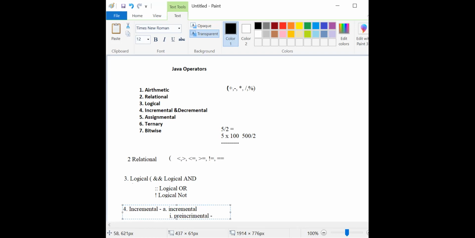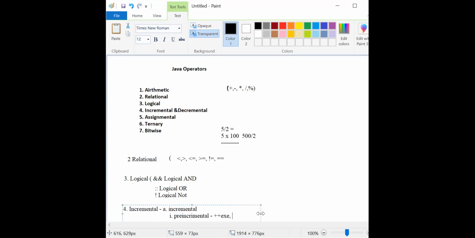What is the pre-increment? For the pre-increment, you just have to put the plus plus symbols first, for example, plus plus a. This is the pre-increment.